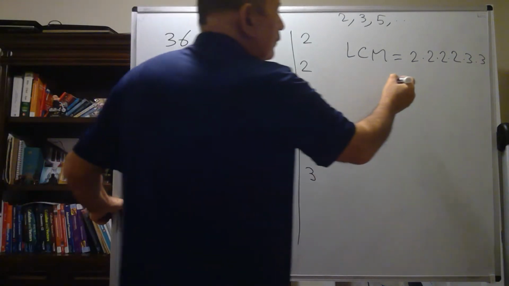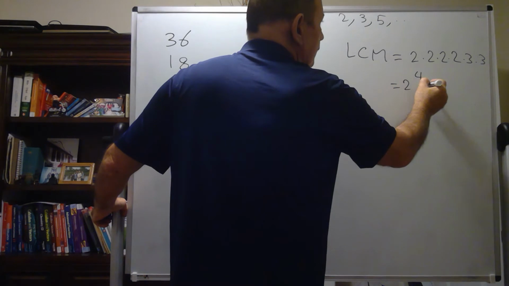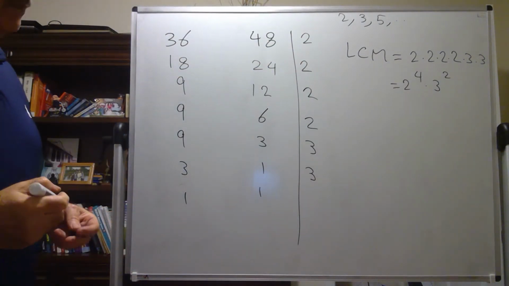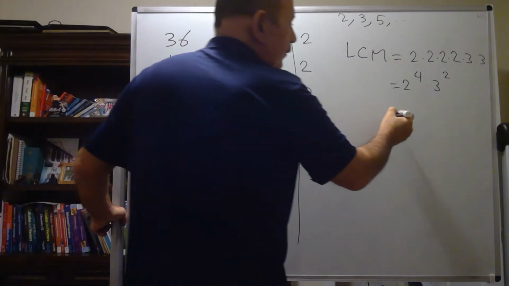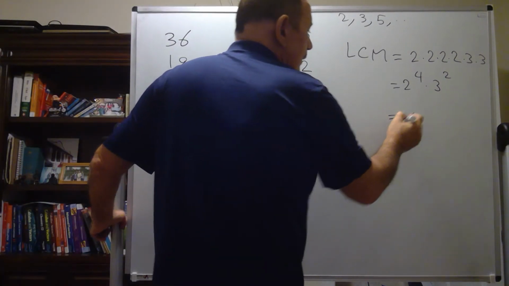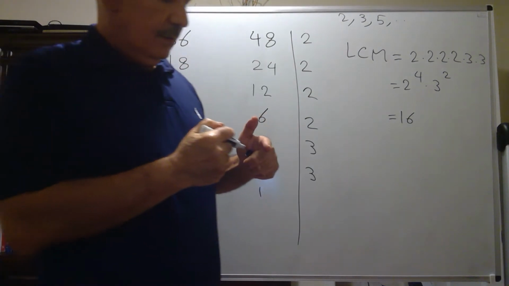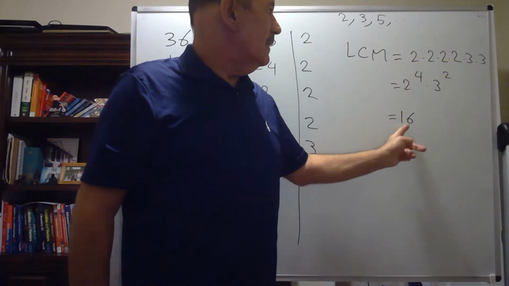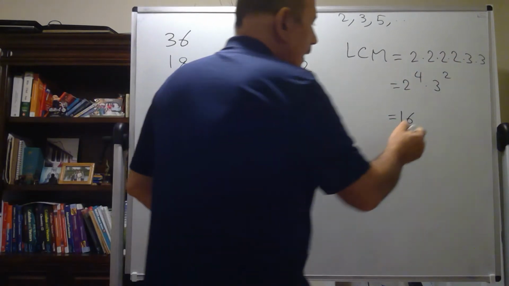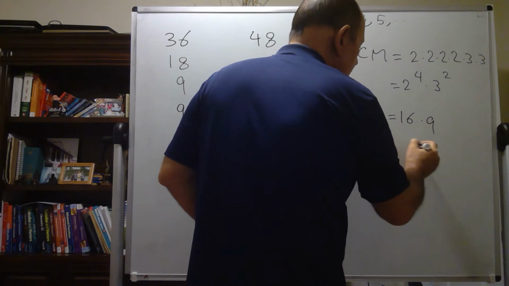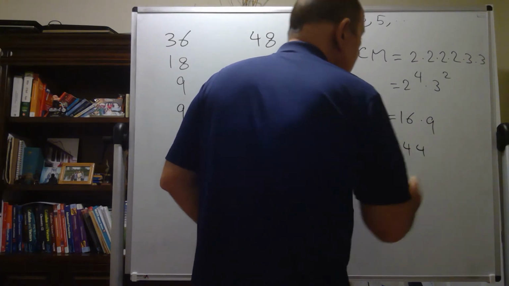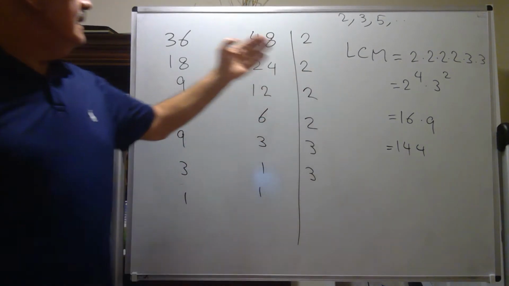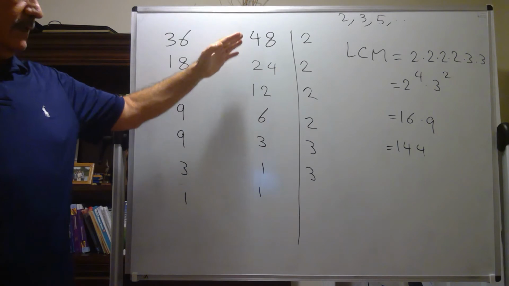Or we can write it as 2 to the power of 4 times 3 to the power of 2. 2 to the power of 4 is going to be 16: 2 times 2 is 4, times 2 is 8, times 2 is 16. And 3 to the power of 2 is 9. And 16 times 9 is 144. Okay, 144 is the LCM of 36 and 48.